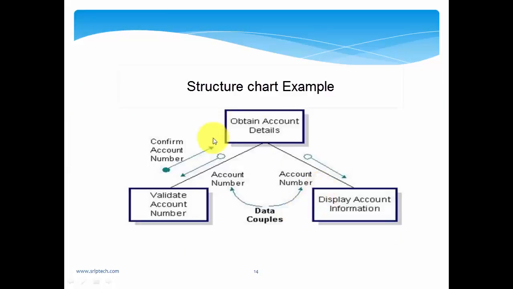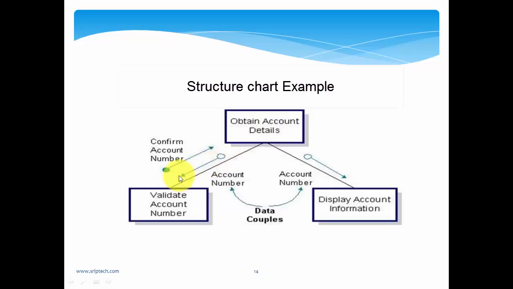Now have a look at this particular structure chart where there are three modules: open account details, validate account number and display account information. The open account details module is in turn calling these two modules, validate account number and display account information. When calling the module validate account number, open account details is sending a particular data item.